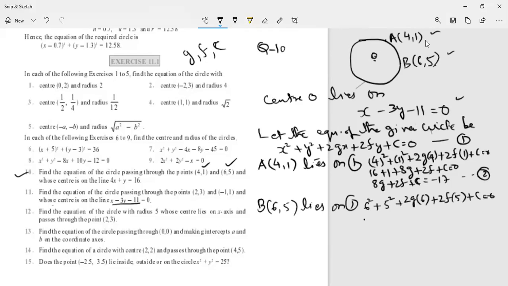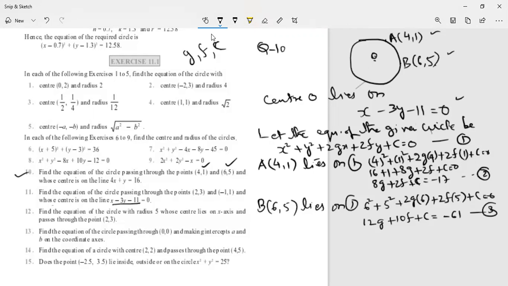So 12g plus 10f plus c is equal to minus 36 minus 25, that is minus 61. This is your equation number 3. Okay. Now the second condition is satisfied.